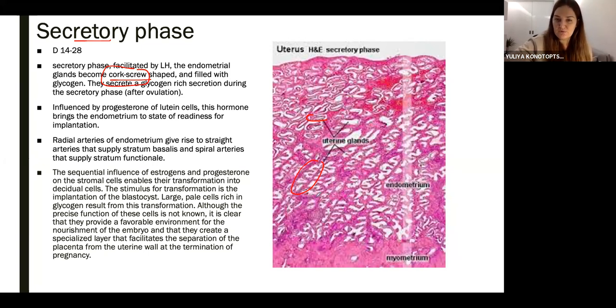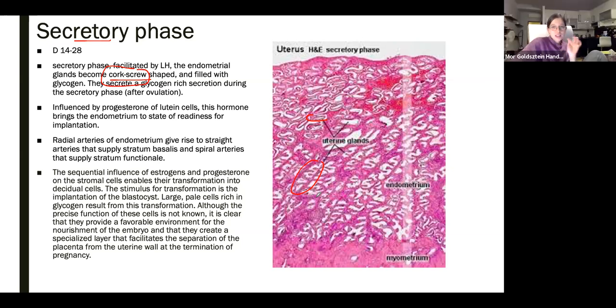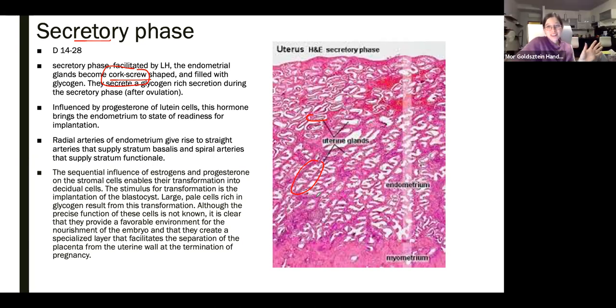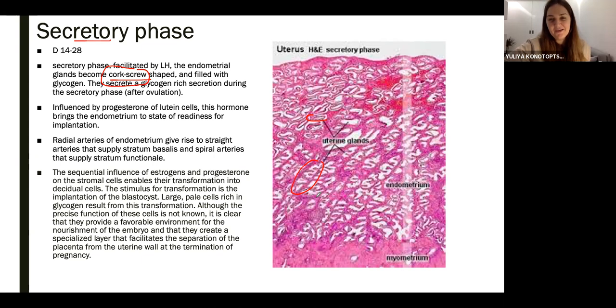Julia, is the definition of a corkscrew, or all the shapes, good to say in the exam? Yeah, you need to say them, because they will ask you what's the shape. Corkscrew, yeah. If you open the book, that's what is recommended.